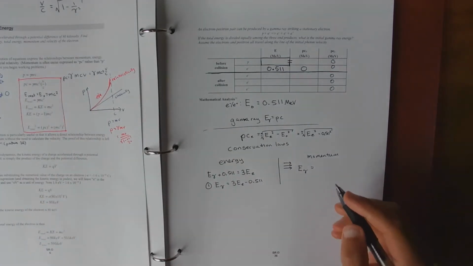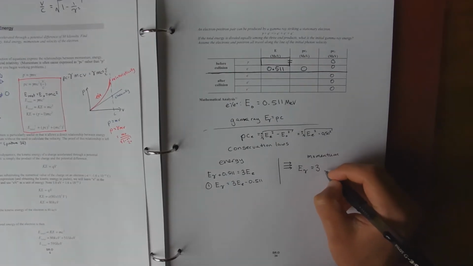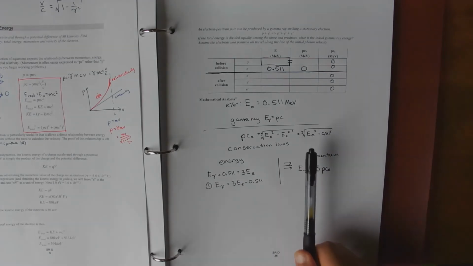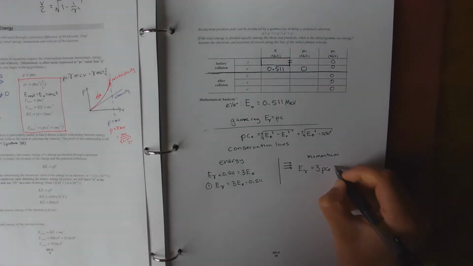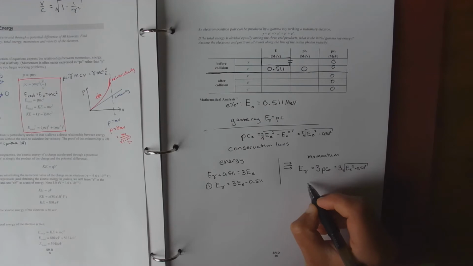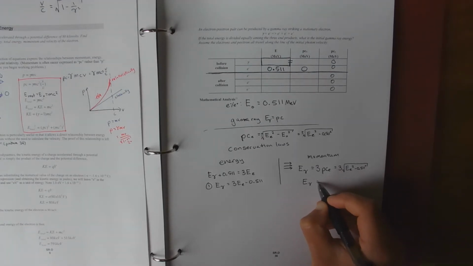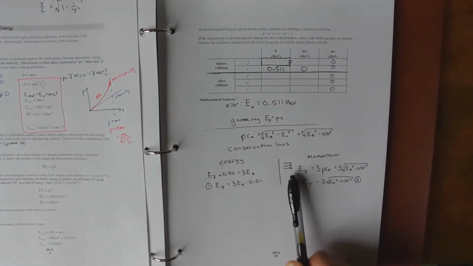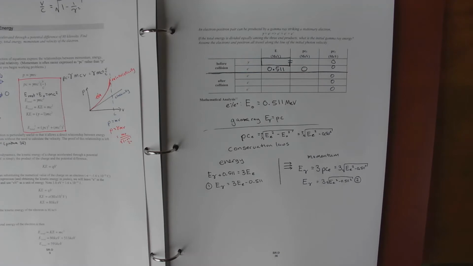So you could say this is 3 times the momentum for one particle, but we do want to use the equation here. So this would be 3 times the square root of the total energy for one particle squared minus 0.511 squared. And this, I'm going to rewrite, and this is going to be equation 2. But this is only for the case where all three particles are going in the same direction.